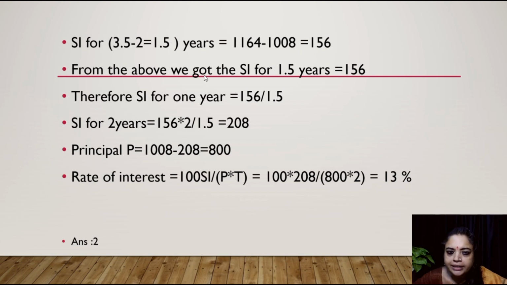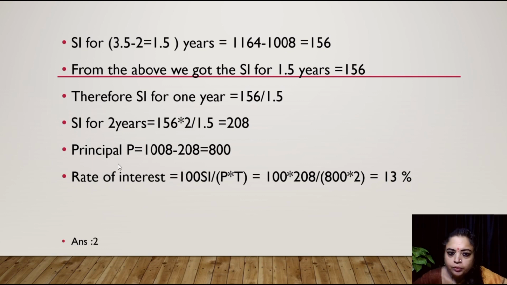So we got the simple interest for 1.5 years as 156. Therefore, we can calculate the simple interest for 1 year. That will be 156 divided by 1.5. From this, we need to calculate the simple interest for 2 years. So that will be 156 into 2 divided by 1.5, which is 208.